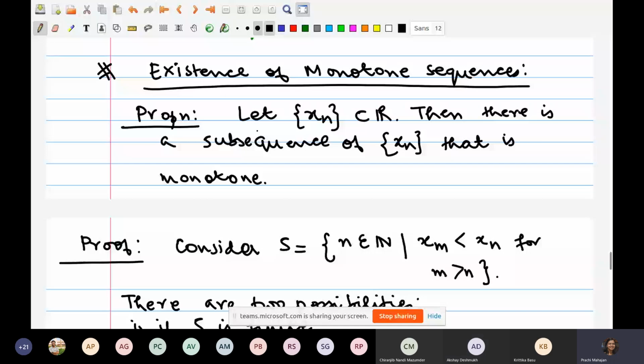We'll come to that a little later, that would be the next statement. That's an interesting and very relevant question, but this proposition does not address it. This proposition only addresses whether there is a monotone subsequence of the given sequence x_n, and it says yes, always.